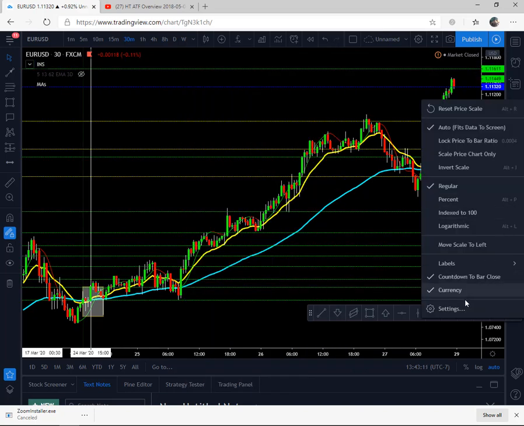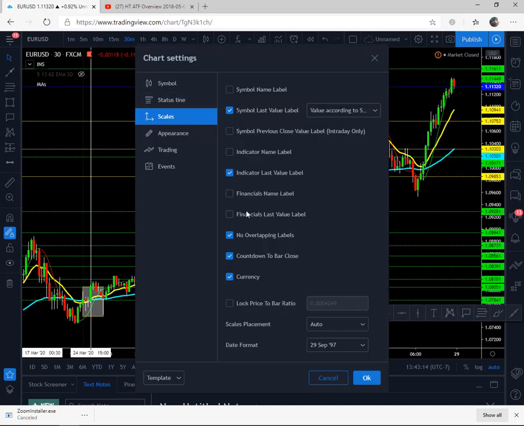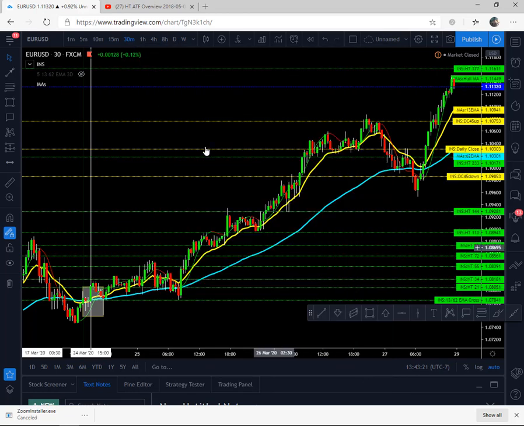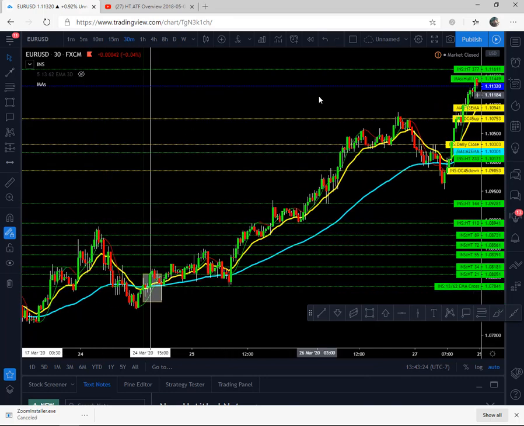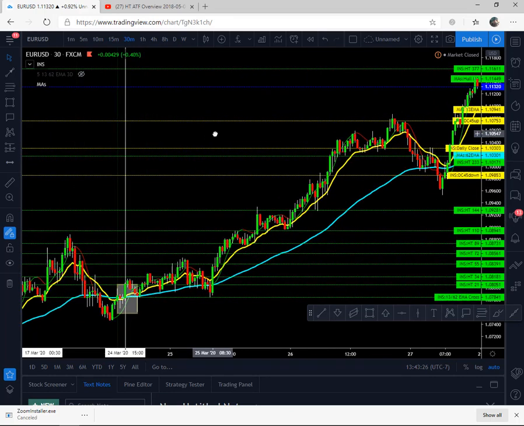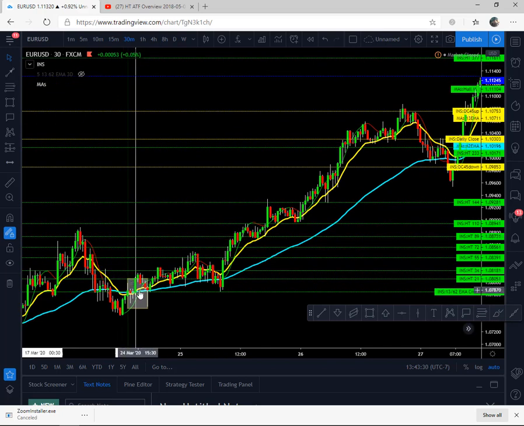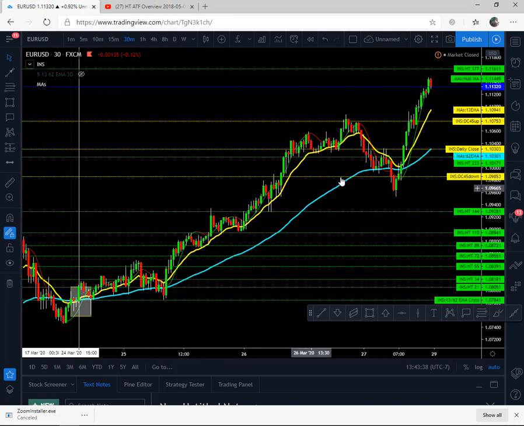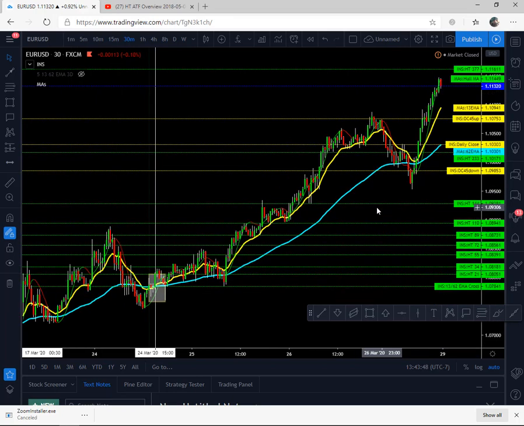Okay. When the 13 and 62 cross, it projects these INS lines, which is the intraday navigation system, and HT stands for harmonic targets.